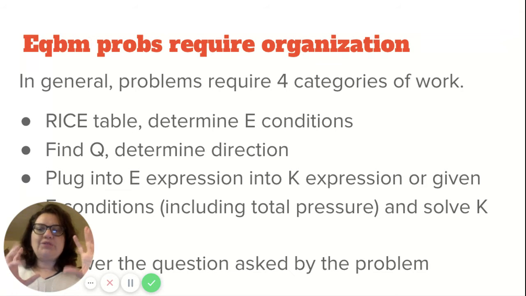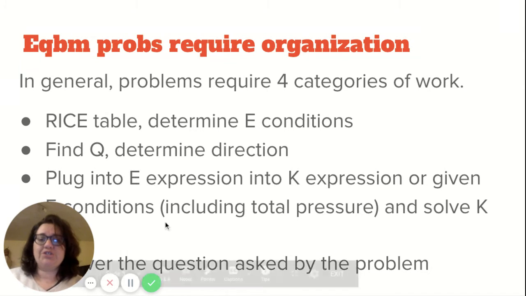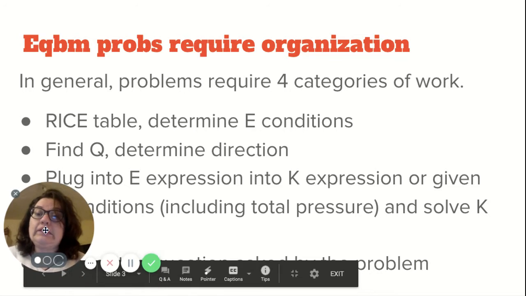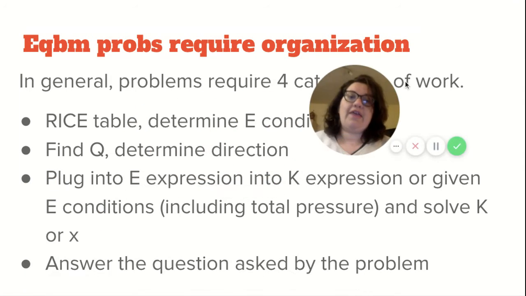We're going to plug in the equilibrium conditions from the RICE to find K if we need to find K, or we're going to use any information we have about those equilibrium conditions, including the total pressure, to solve for K if that's what we're looking for.